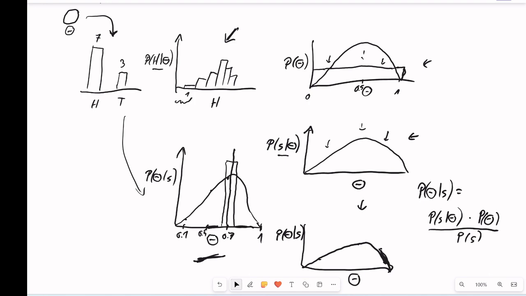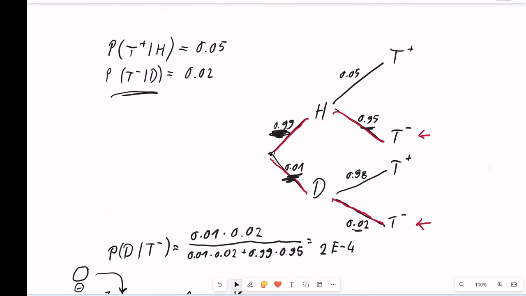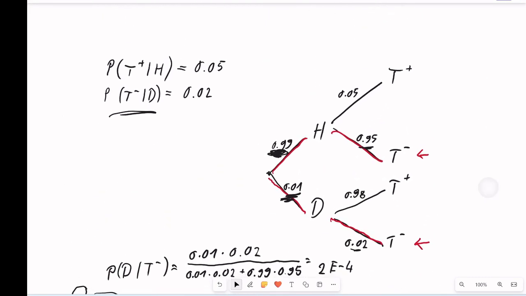And we can even go back to our medical example for our medical test and think about it with respect to a prior. In this case, I gave you these values here. I said we have an underlying disease prevalence of 1%, and therefore 99% healthy people.